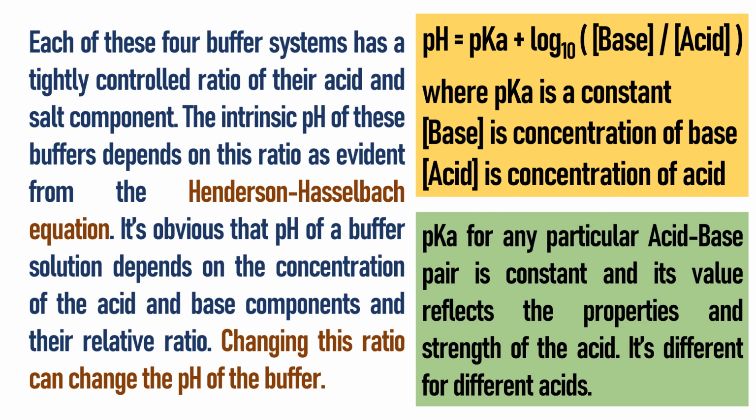At the cost of repetition, I am again stating that this equation clearly shows, mathematically, that pH depends on the ratio of base and acid components. The pKa has a constant value for a particular acid-base conjugate pair, but is different for different pairs. This pKa is dependent on the strength and chemical nature of acids and bases.